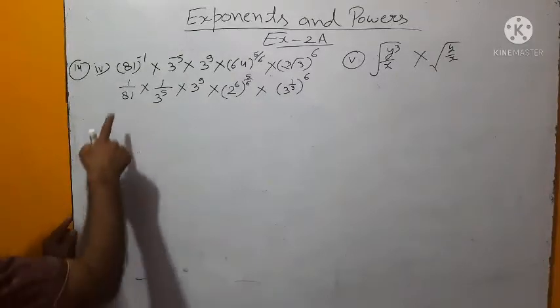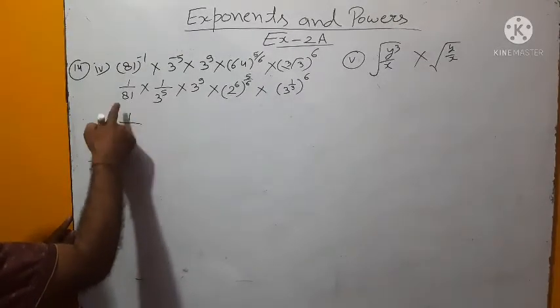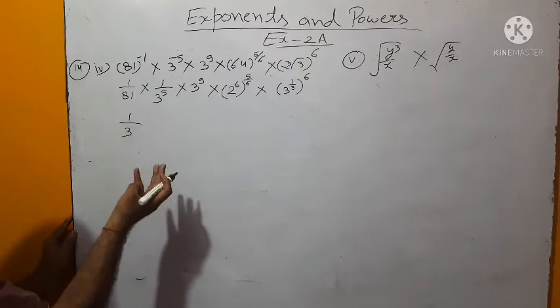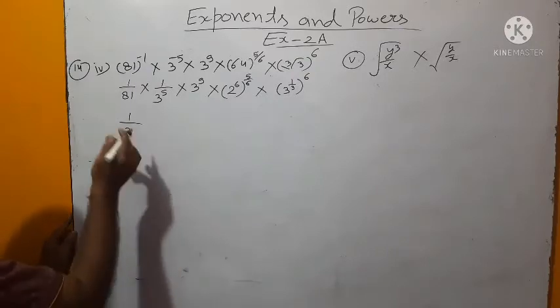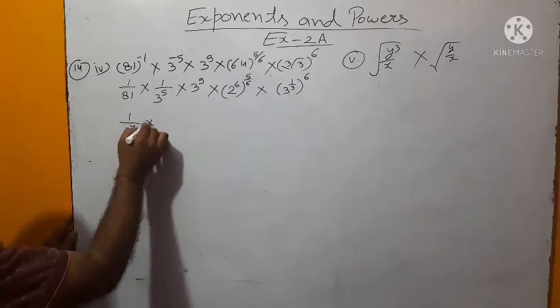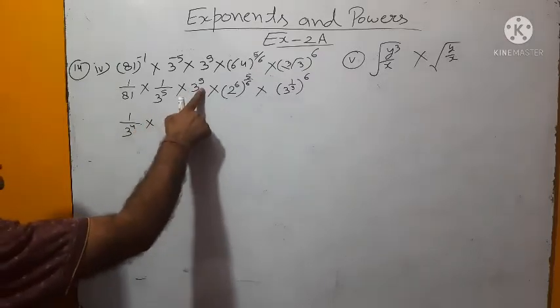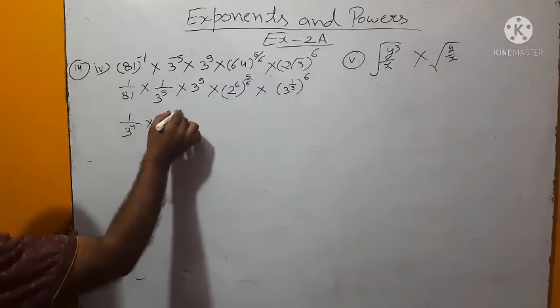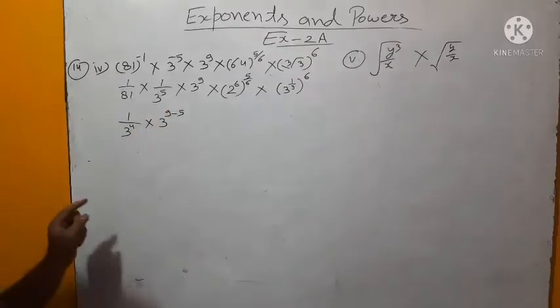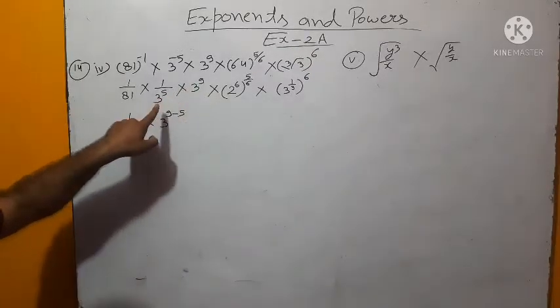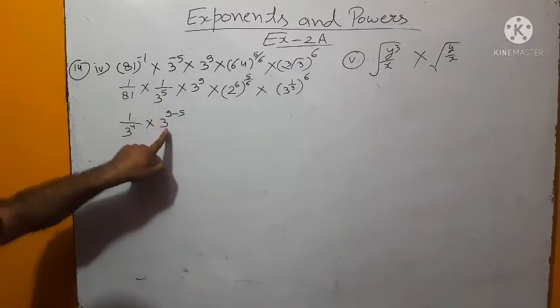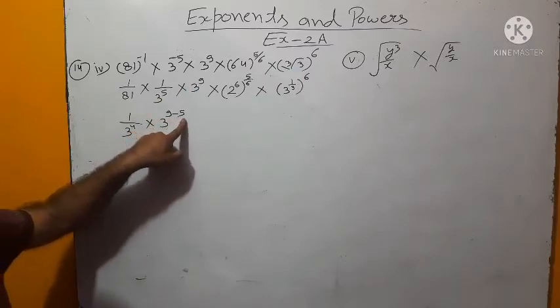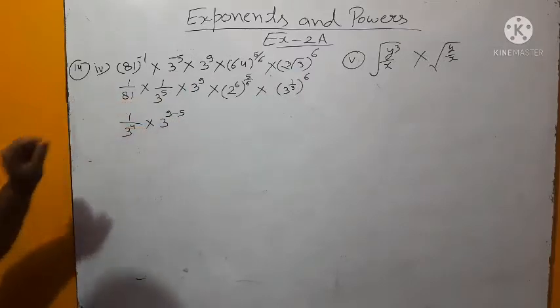Now solve it. 1 upon 81. 81 means 3 into 3 is 9, 3 are 27, 3 is 81, means 3 power 4, into 3 power 9 upon 3 power 4. 3 power 9 upon 3 power 5 can be written as 3 power 9 minus 5. This is the exponential law.